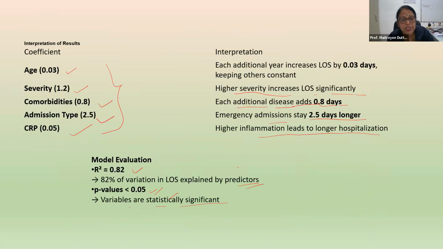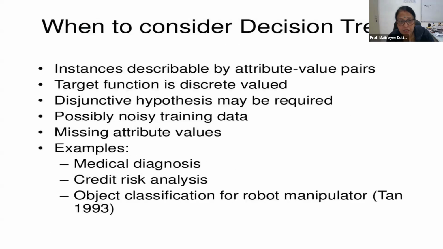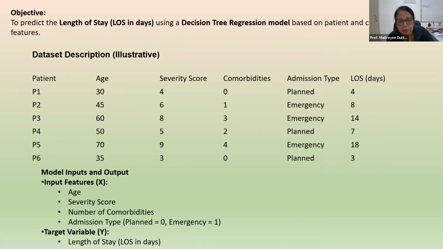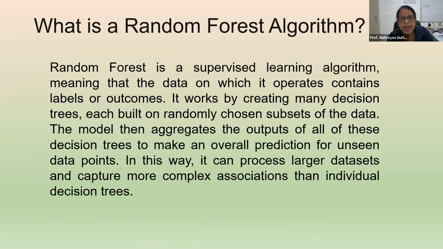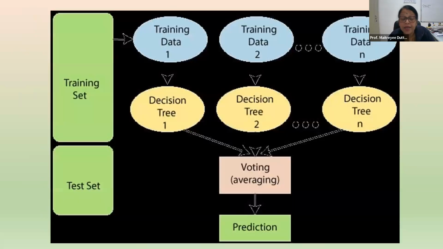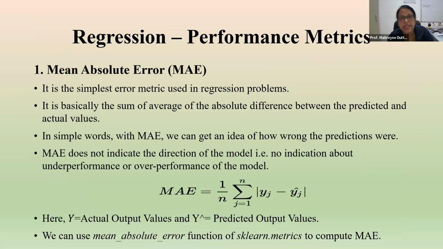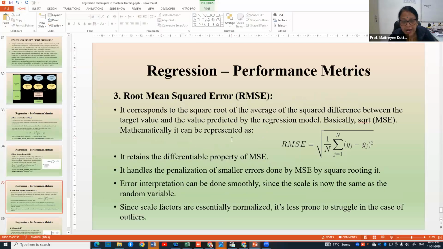The same calculation we have done with the decision tree algorithm. And for the random forest algorithm, I have told you the advantage of random forest and the disadvantage of the decision tree algorithm. And these are some performance metrics. So this is all about your regression analysis.